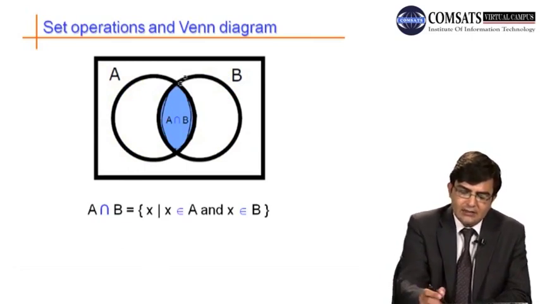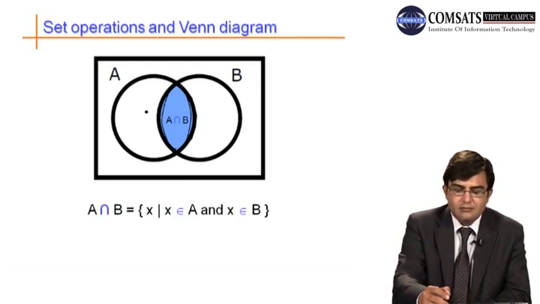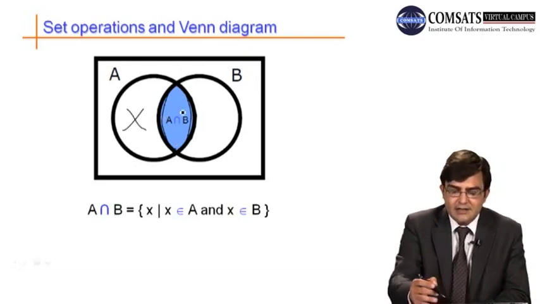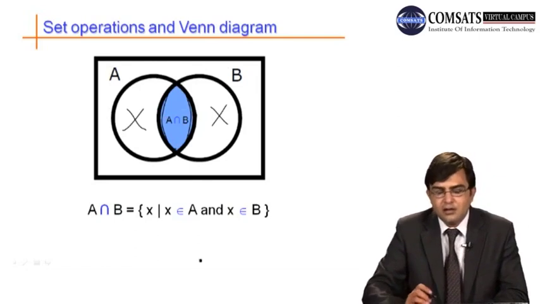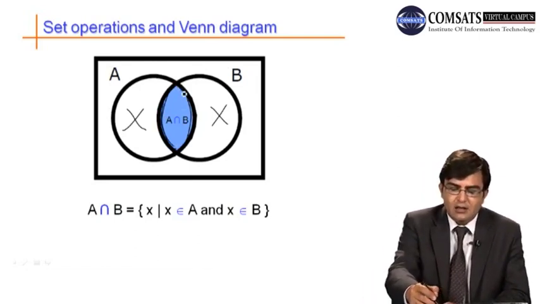Basically this is the common region of A and B, and the intersection is only this region. This region is not in the intersection, and this region is also not in the intersection. The intersection of A and B only contains this region.